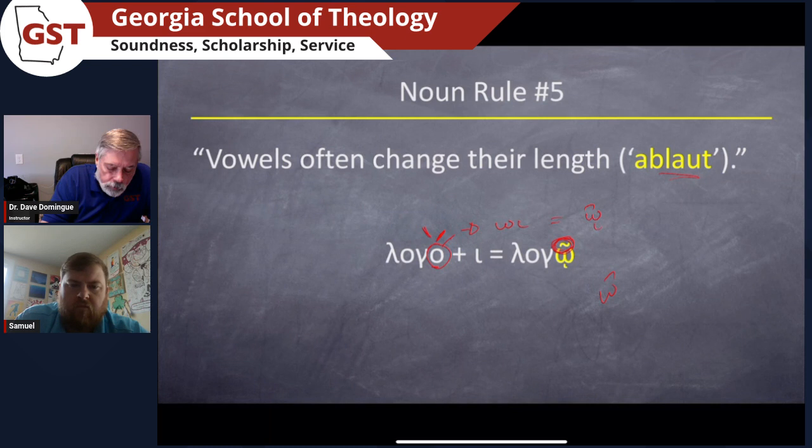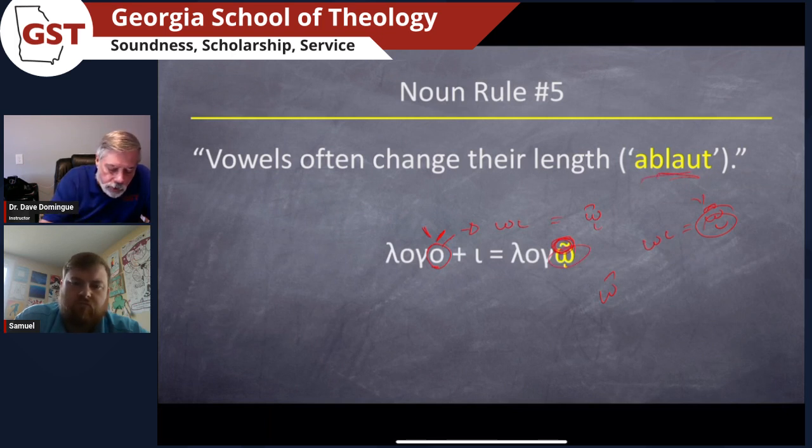Because of the omega iota subscripted, it's going to give this circumflex there and not the acute or the grave, which gives you another hint that something changed. And it's pretty easy to recognize that omega iota.